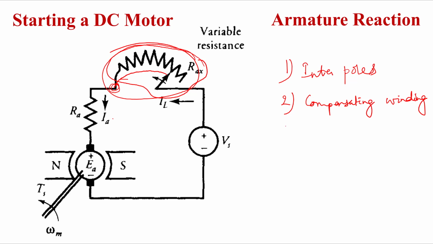So there is no need to change the connections of these interpoles and compensating windings. The rest will be fine. Whatever arrangement counteracts the armature reaction in a generator can be used exactly for the motoring action as well, just by changing the supply, right? So we'll get the motoring action as well.